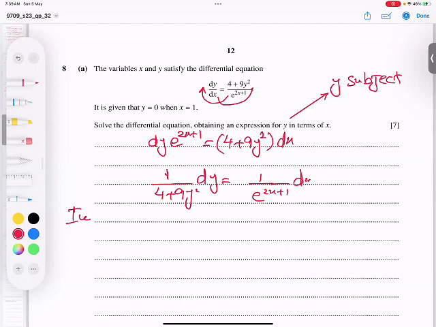Integrating both sides. Here I get 1 over 4 plus 9y to the power 2 dy, where I am bound to bring it up. So whenever it goes up, the power sign changes. And students, in this question we have two tricks.